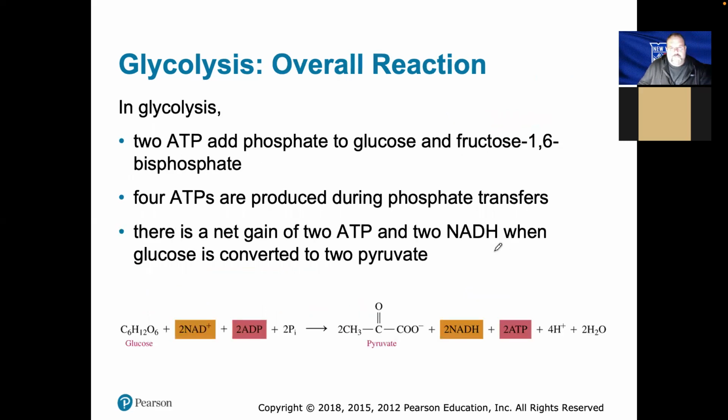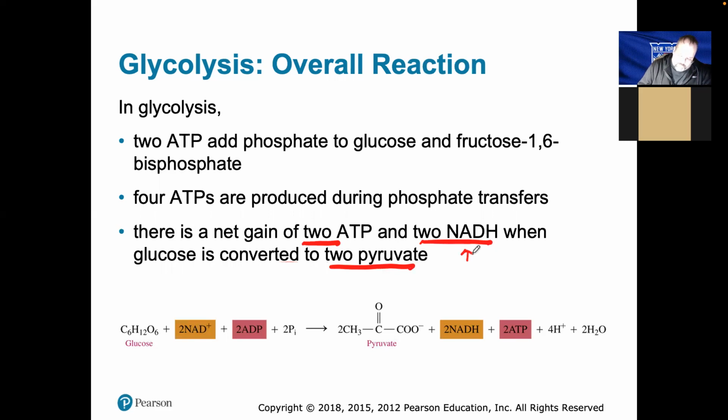So in glycolysis, 2 ATP add phosphate to glucose and fructose 6-phosphate. 4 ATPs are produced during phosphate transfers. So there is a net gain of 2 ATP and 2 NADH when glucose is converted into 2 pyruvate.